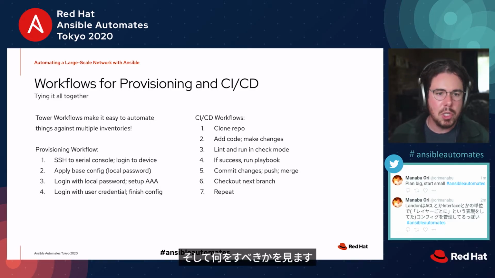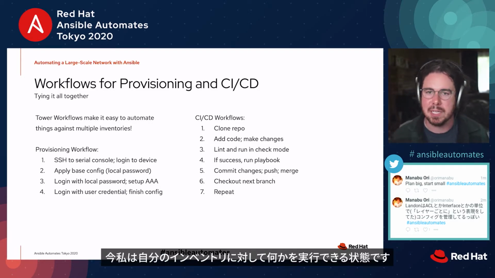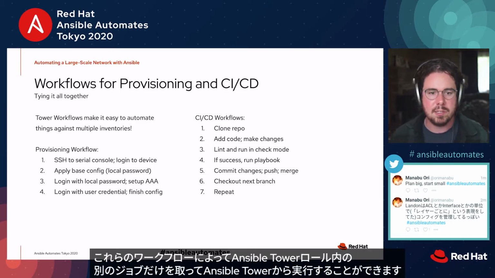And then looking at what to do then, maybe you now have your first group of playbooks and roles, and you're trying to figure out what to do with them now that you can run something against your inventories. So one of the things I like to do is build Tower workflows. And these allow you to take separate jobs within Tower and run them through Tower.